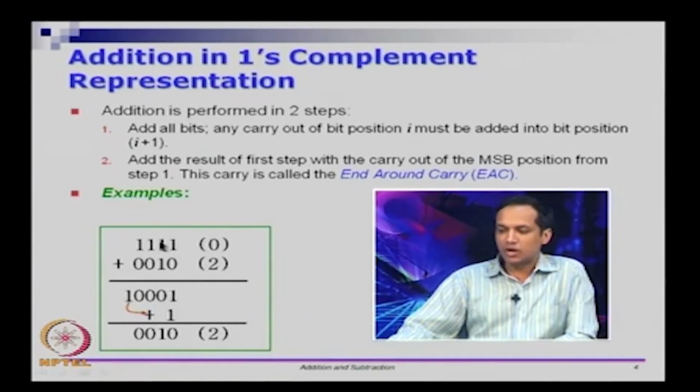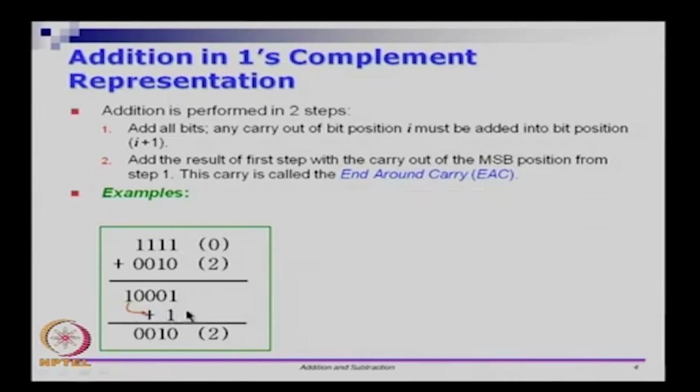So 1 plus 0 is 1, 1 plus 1 is 0 carry over 1, 1 plus 1 is 0 carry over 1, 1 plus 1 is 0 carry over 1. The end stage carry, you take it and add it once more at the rightmost position, and when you do that, you get this result.